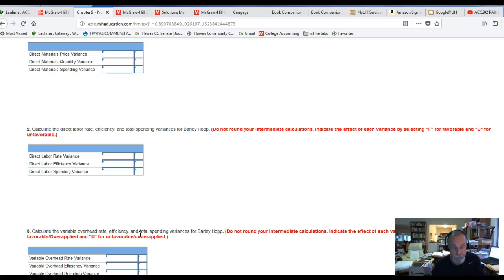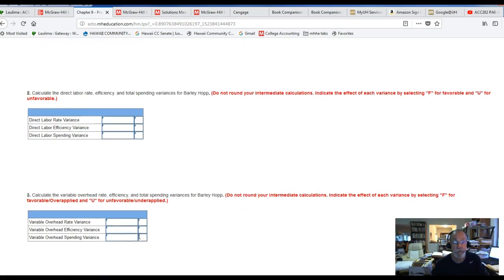And of course on both of those, the combination of the price and quantity variance for direct materials gives us the spending variance, and for direct labor, the combination of the rate and efficiency variance gives us our spending variance.